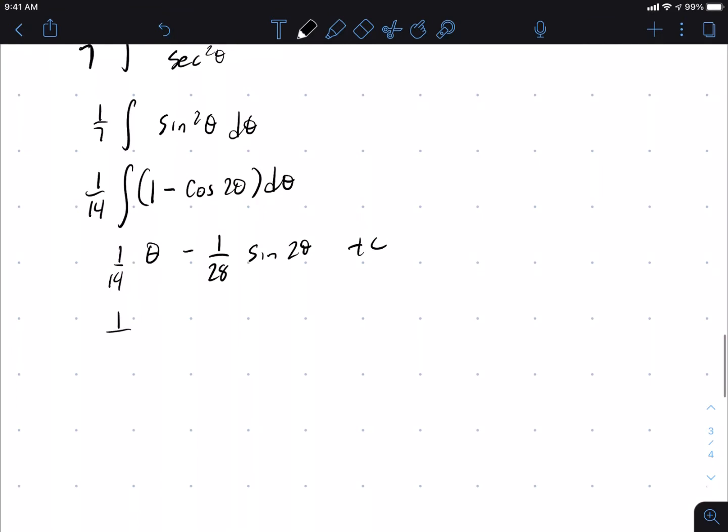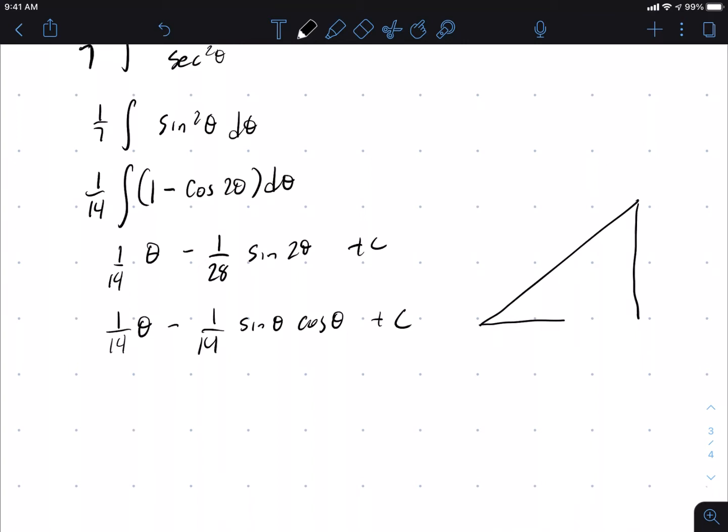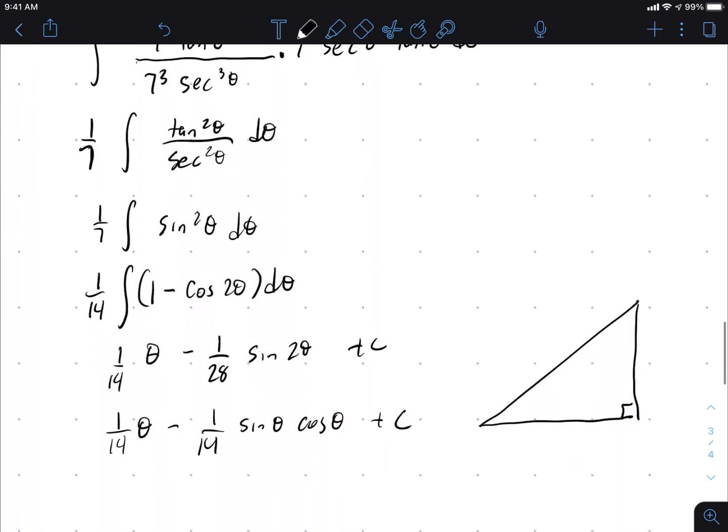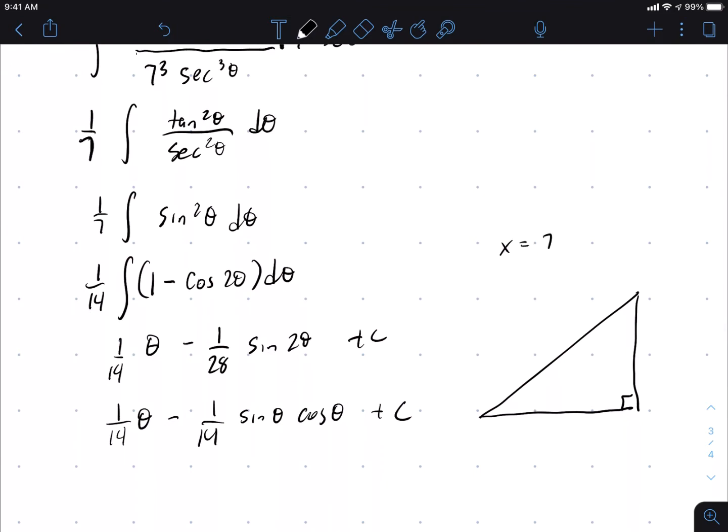So let's say it's 1/14 theta minus 1/14 sine theta cosine theta plus some constant c. And now we need to go to our triangle, right? And in this triangle, we had x was equal to 7 secant theta, correct? So then x over 7 is equal to secant theta.